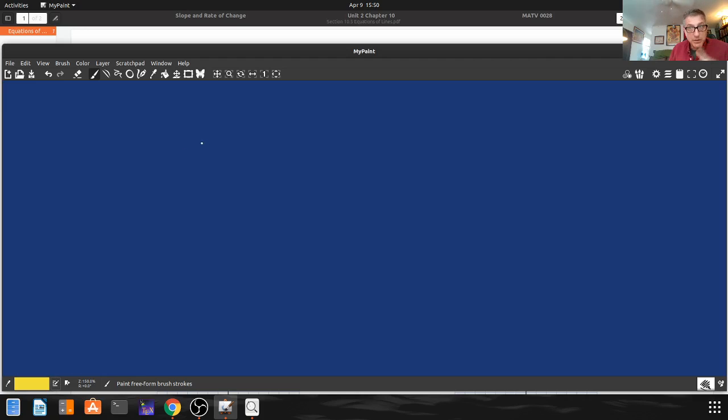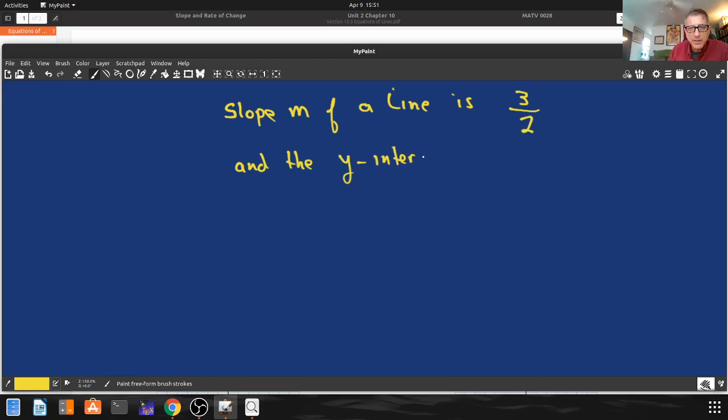So here is our dilemma. Suppose you know the slope m of a line is 3/2, and the y-intercept of the line is (0, 4).